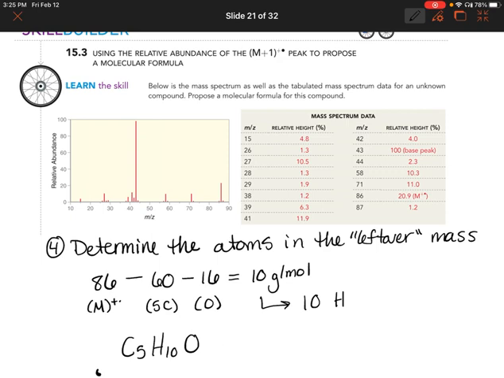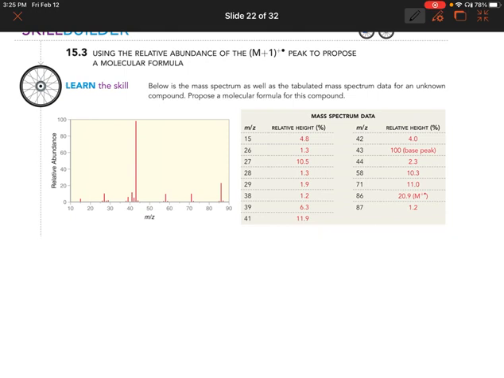All right, so we figured out the molecular formula, but there's one more thing that I wanted to teach you. And that's something called the hydrogen deficiency index. So let's say that in addition to figuring out the molecular formula, you also wanted to figure out if you had any double bonds or a ring in your molecule.